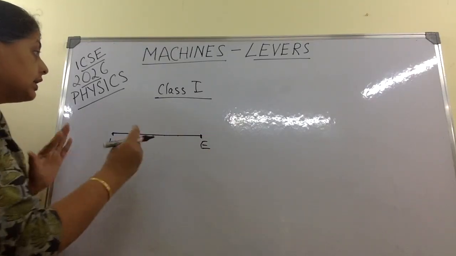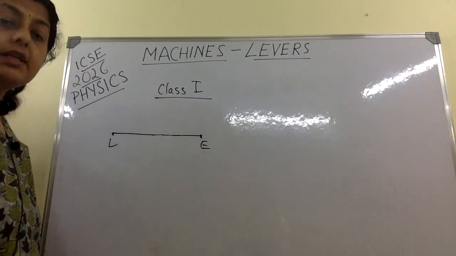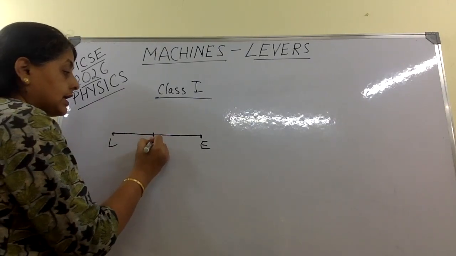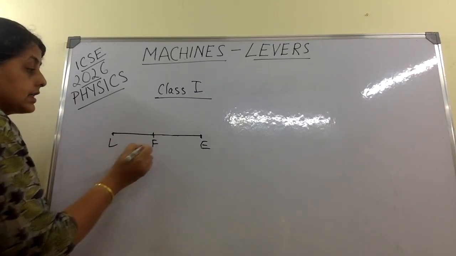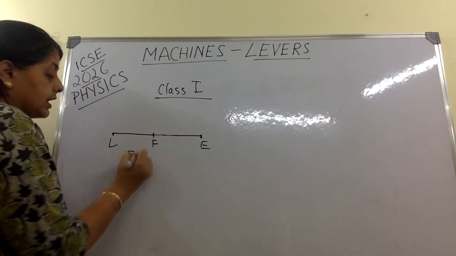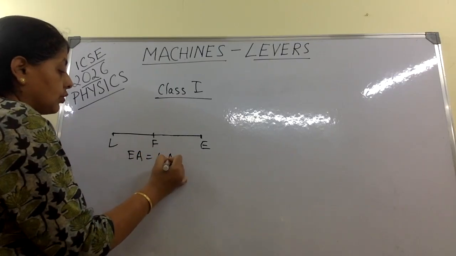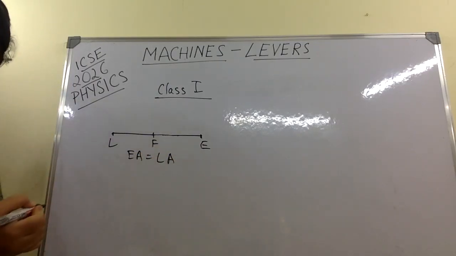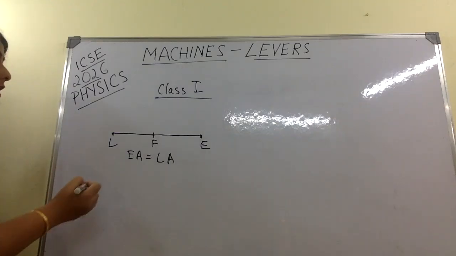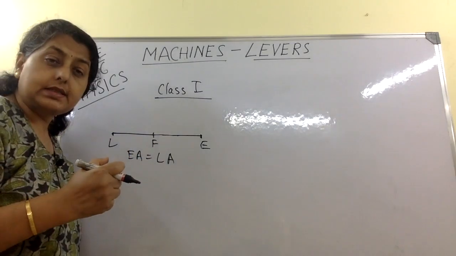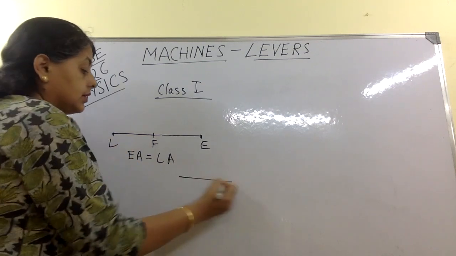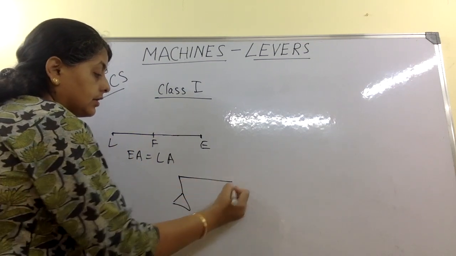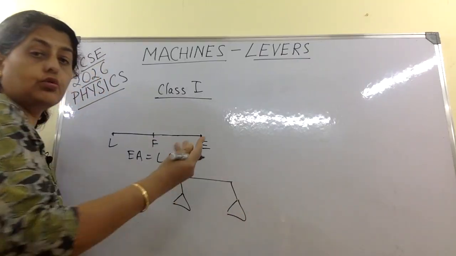Now one case can be that the fulcrum is right at the center. In that case, the effort arm is equal to the load arm, right? The example is a physical balance, which you must have seen. You get it in gold shops now.